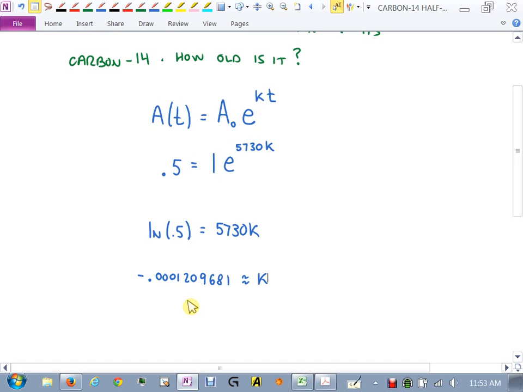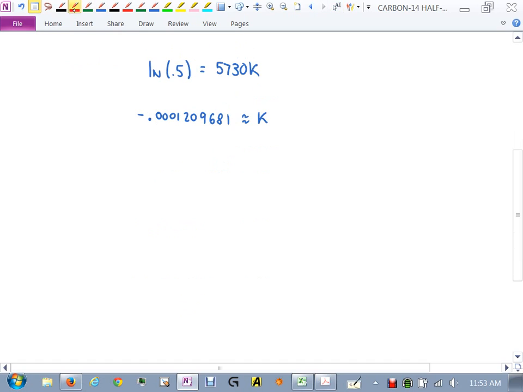Okay, but anyway, what we know now is that A of t equals e to the negative 0.0001209681t. Did it do anything or no? Didn't? Okay. It's going to be a big problem, because if you put negative 1.2 in there, it's way off.